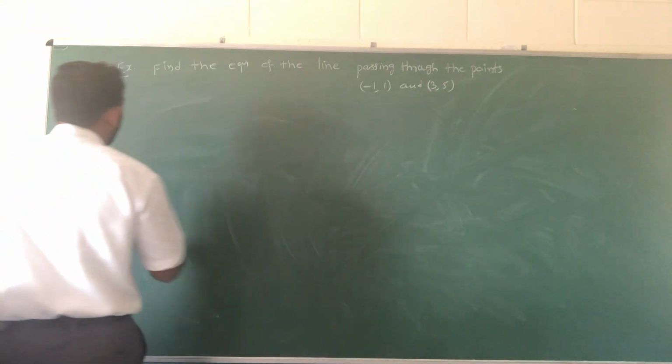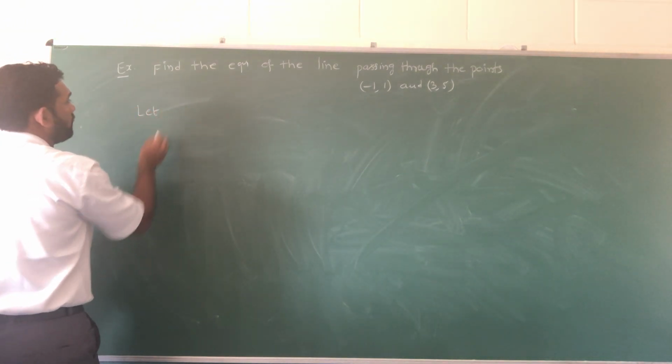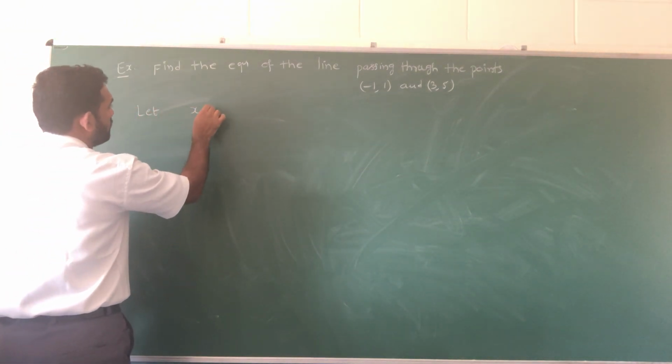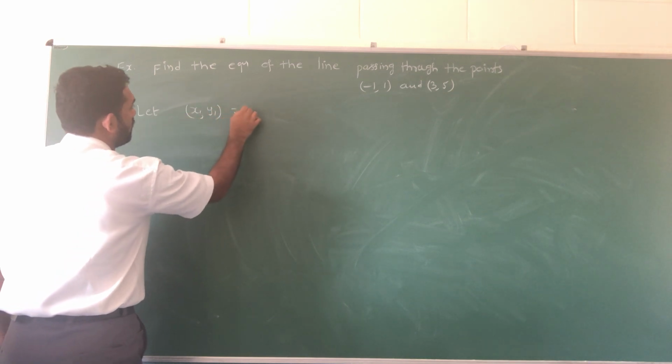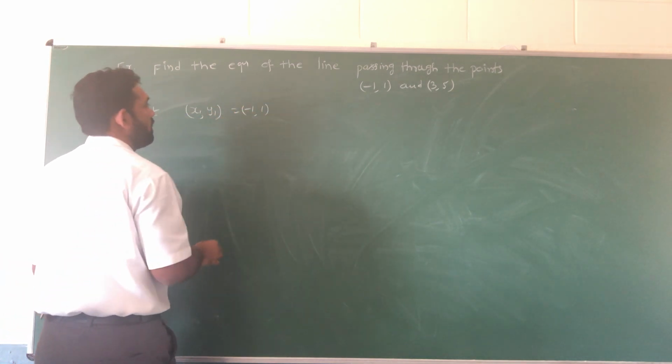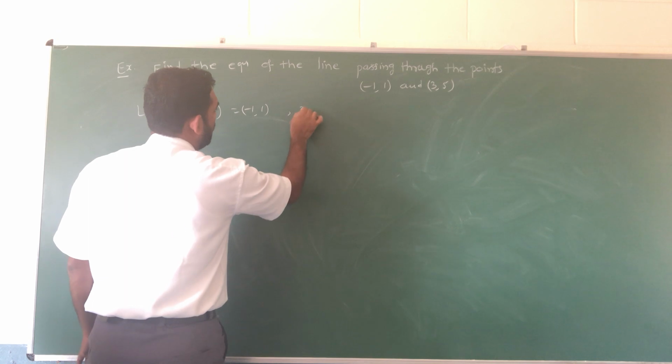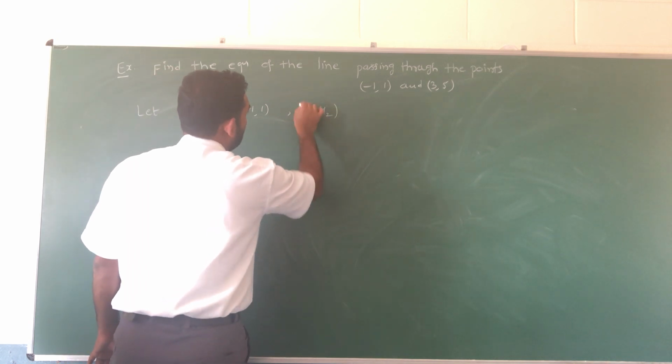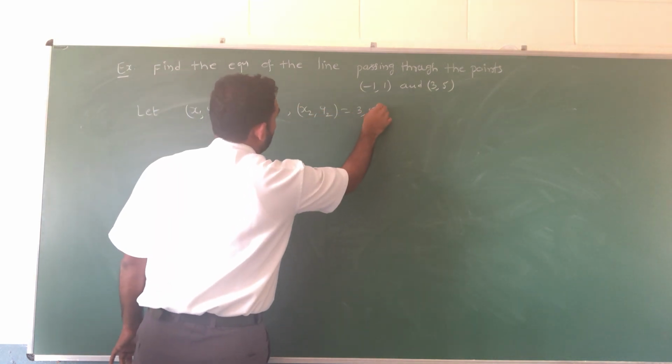Now let the given points be considered: (x1, y1) equals (minus 1, 1), and the second one (x2, y2) equals (3, 5). Two points here.